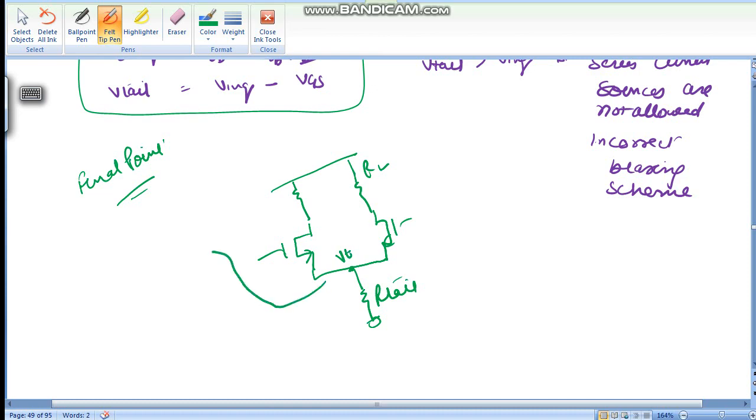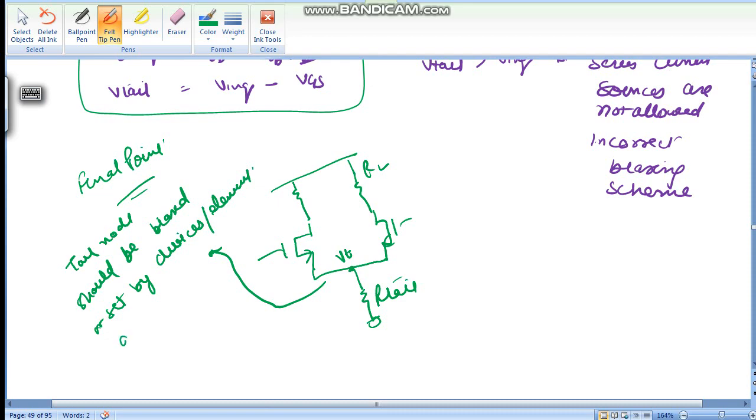The tail node should be, or you can say it is a mandatory condition that it must be, biased or set by devices or elements above this tail node.